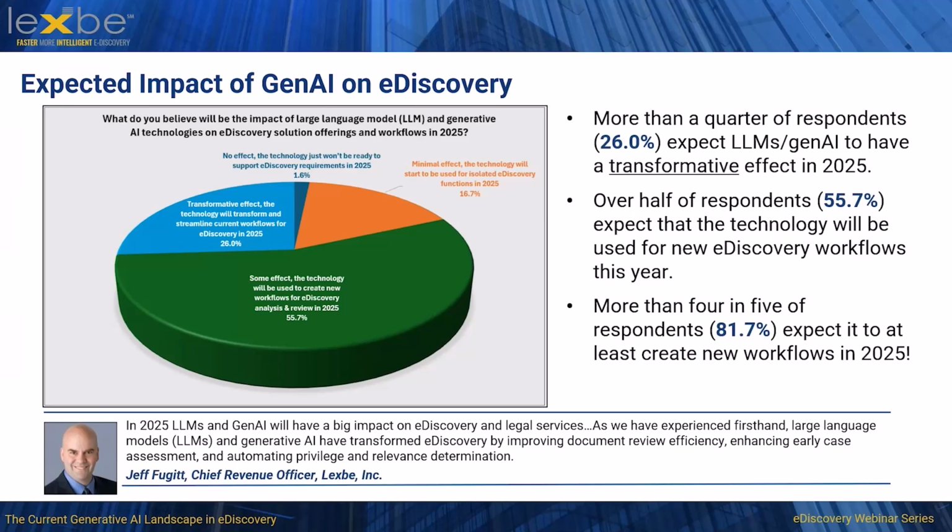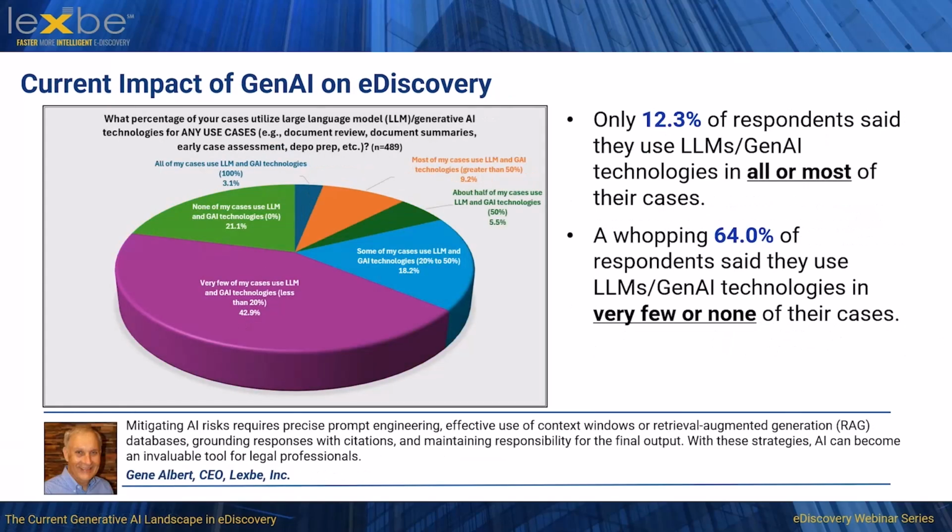Of course, just because the industry's gung-ho about generative AI doesn't mean they're using it in all their cases just yet. This is another question we asked on this year's survey, and this one was for the first time. What percentage of your cases utilize LLM and generative AI technologies for any use cases, such as document review, document summaries, early case assessment, depo prep, or anything else?